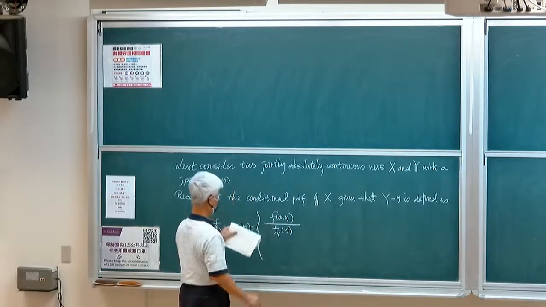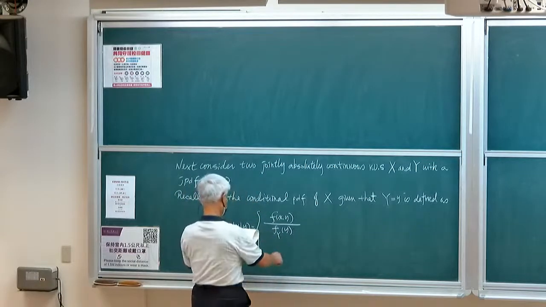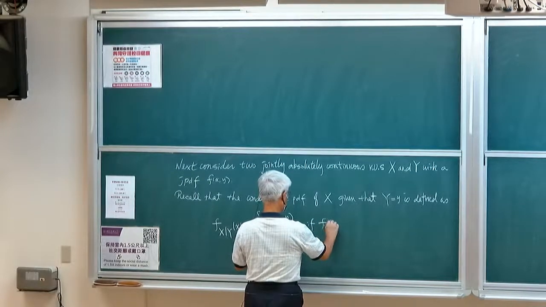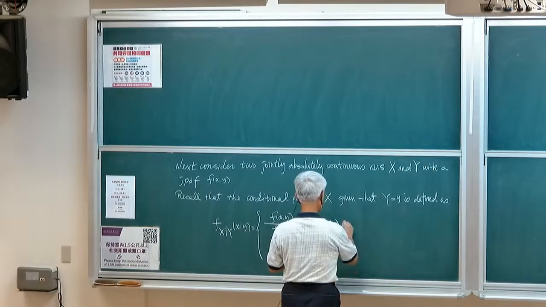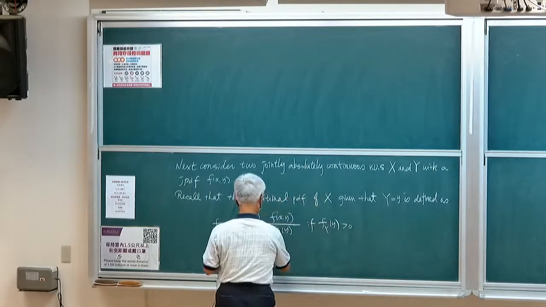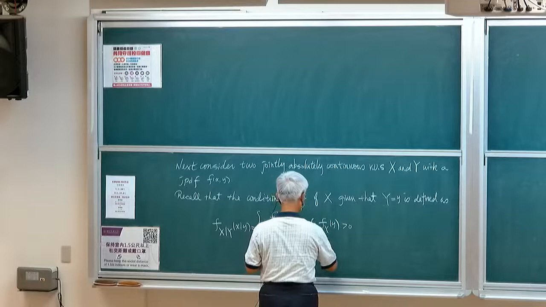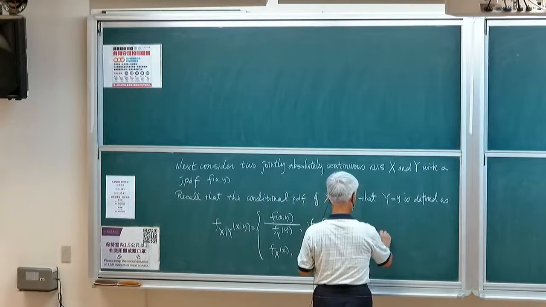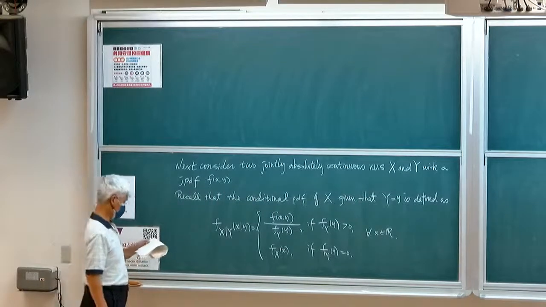Okay, so the numerator is the joint PDF of X and Y, and the denominator is the marginal PDF of random variable Y. So that is the conditional PDF we defined before.